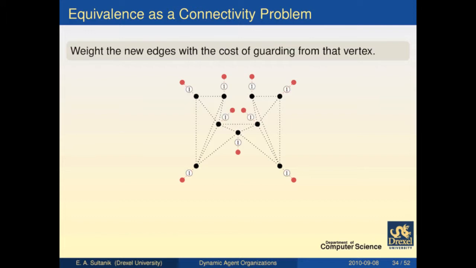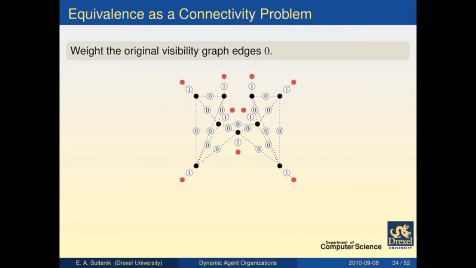We weight those new edges with the cost of adding a guard at that location. Here I've just added a cost of 1. And then we weight all of the other edges according to the quality, for example, of that line of sight. Here I just give them all an equal cost of 0.